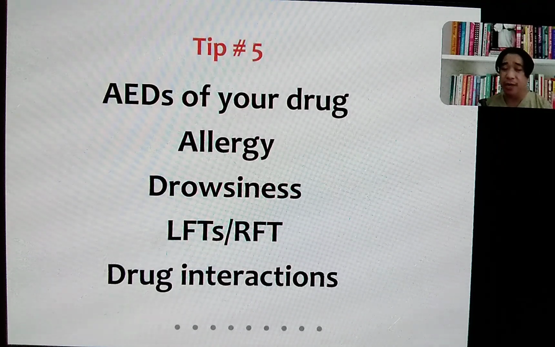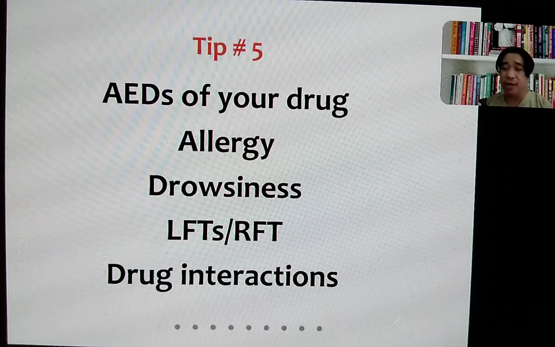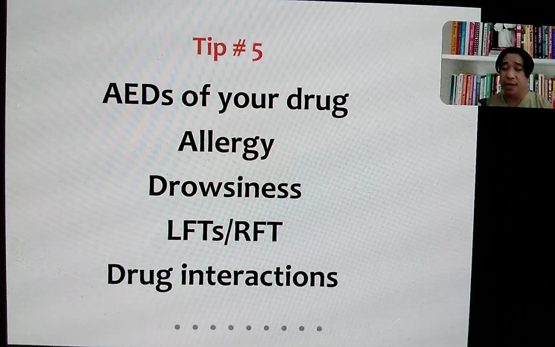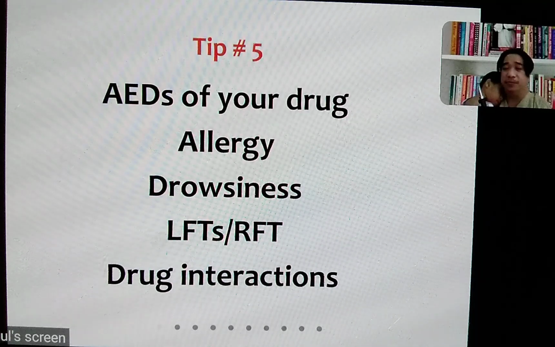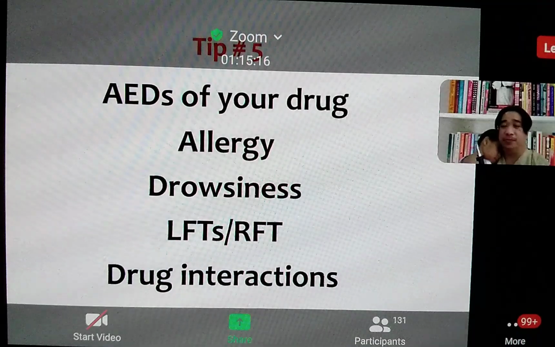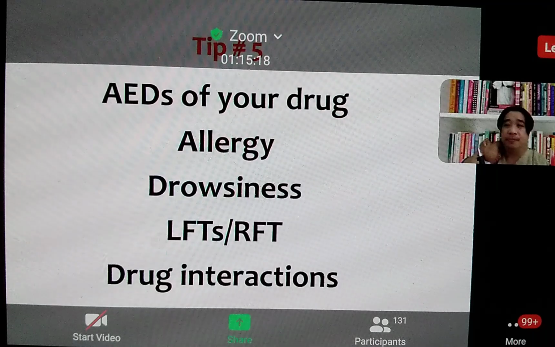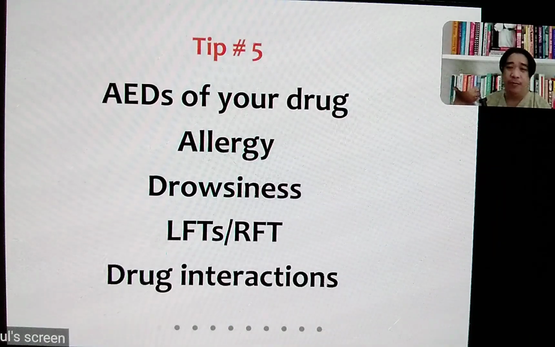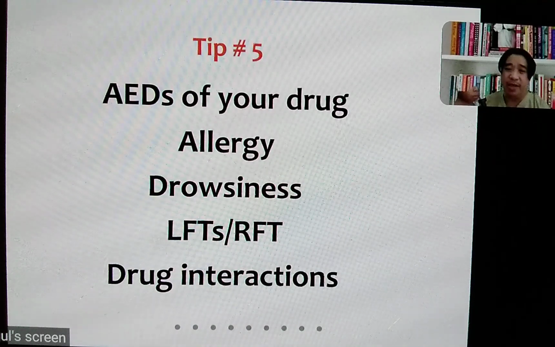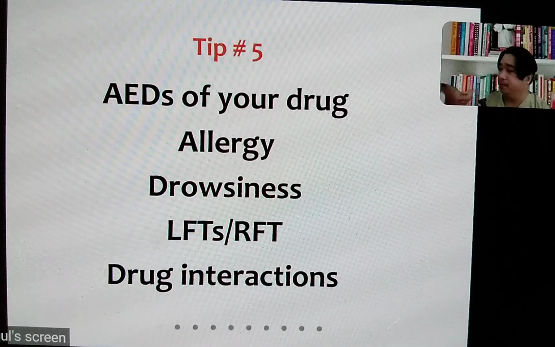Also take note that you have to get your liver function test for practically all your anticonvulsants except for one anticonvulsant, which is basically renal in elimination.